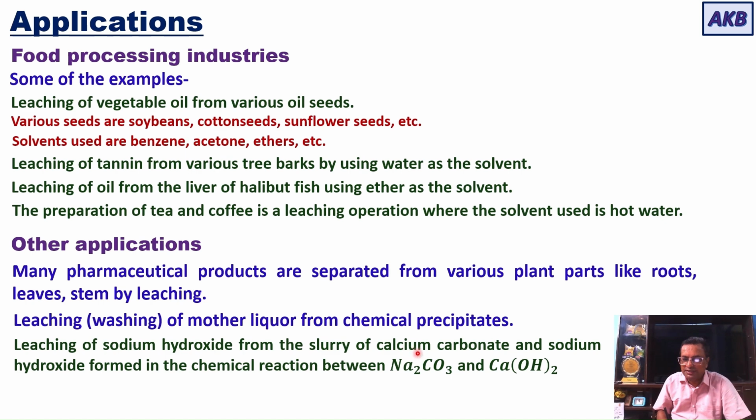Calcium carbonate is the precipitate, whereas the sodium hydroxide solution remains attached to this precipitate. From this slurry you can separate sodium hydroxide by using leaching.